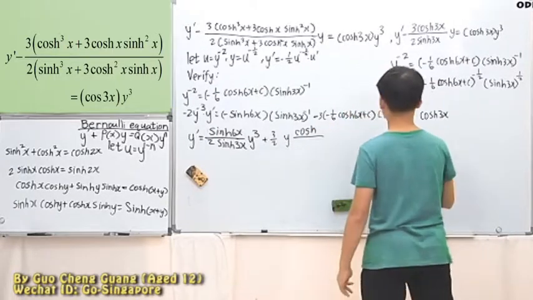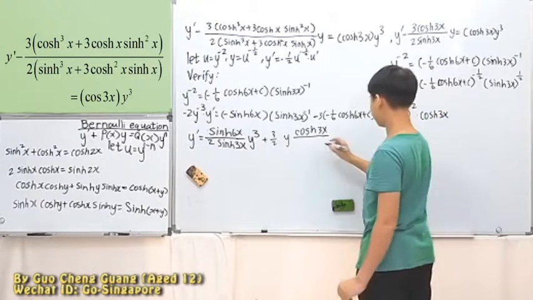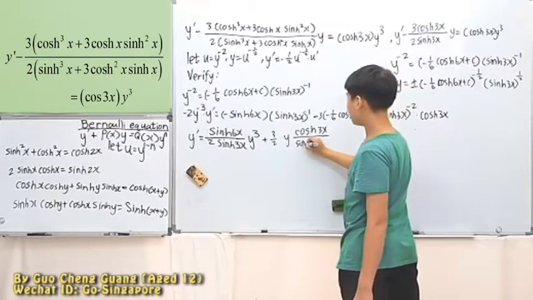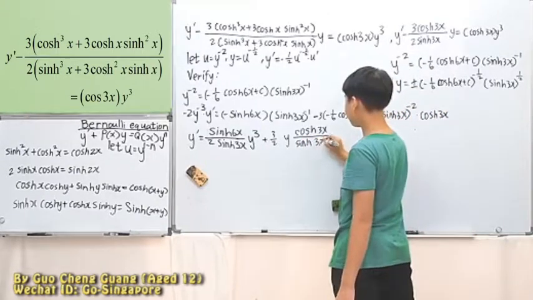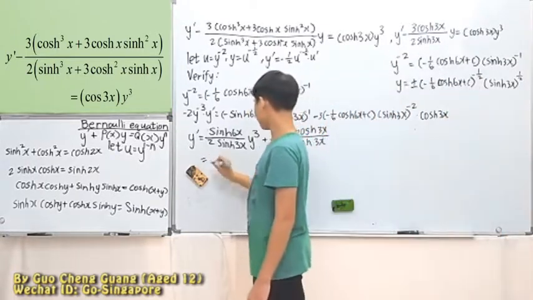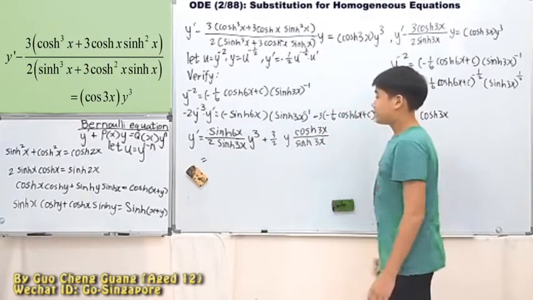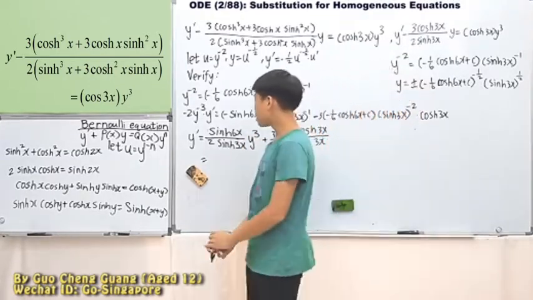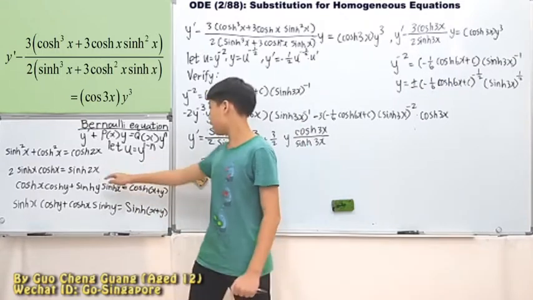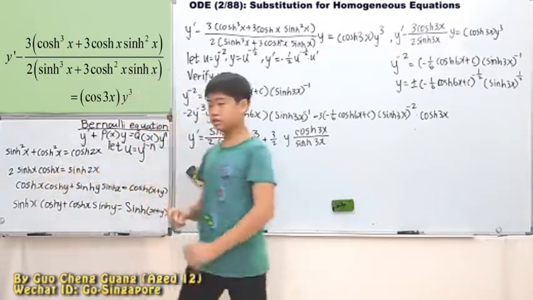This hyperbolic cosine, then 3x, and one of these hyperbolic sine, then 3x. So from this part, hyperbolic sine 6x. How about we just use this? Here is 6x, so here is 3x, 3x.